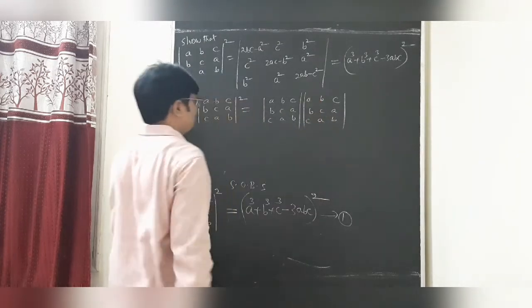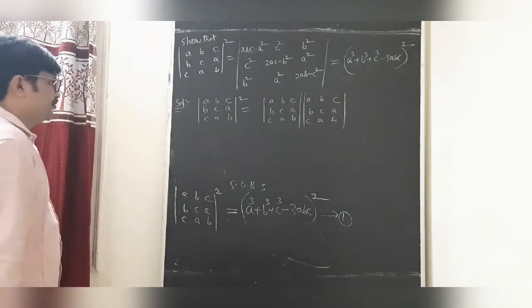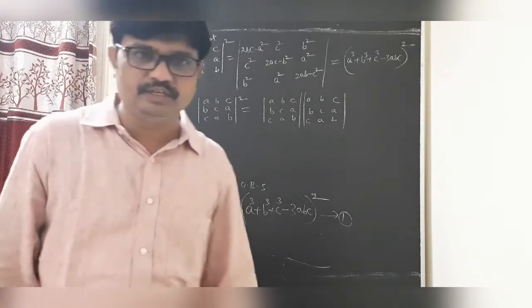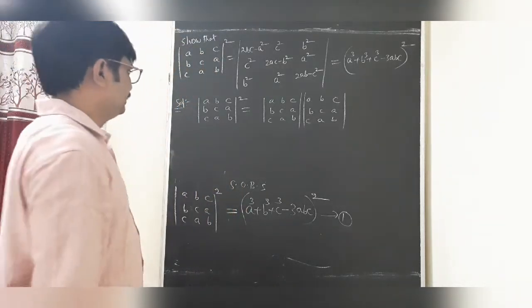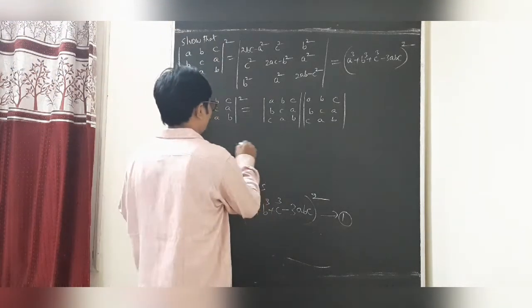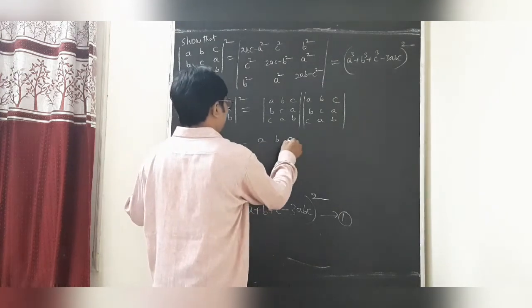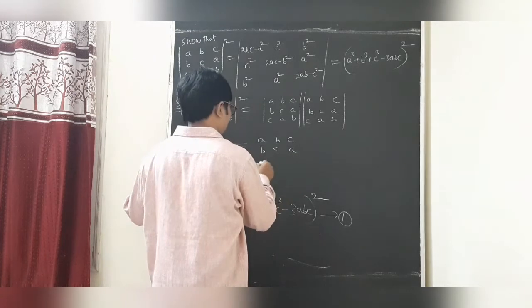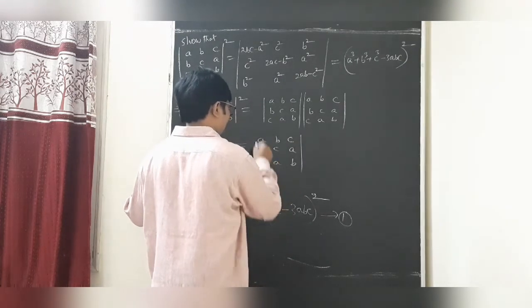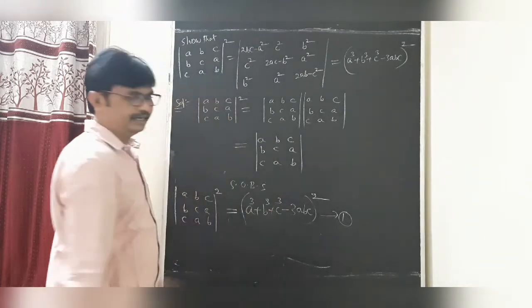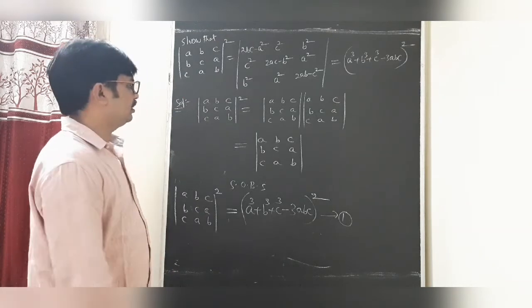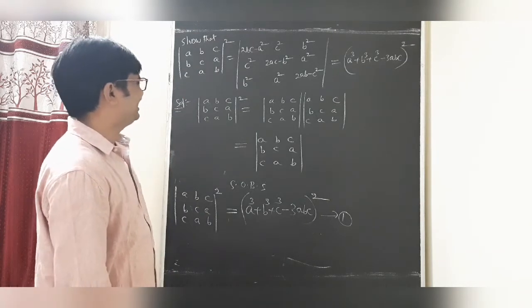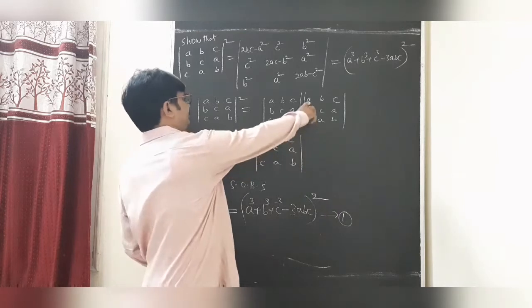We can write it 2 times. Dear students, we can observe here that minus A square is there.